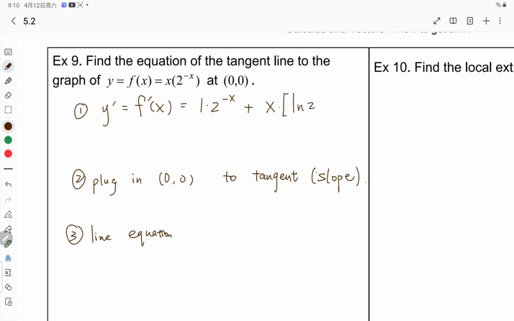So always don't forget it, ln of the base times, copy it down, 2 to the negative x, and this is not done yet, right?